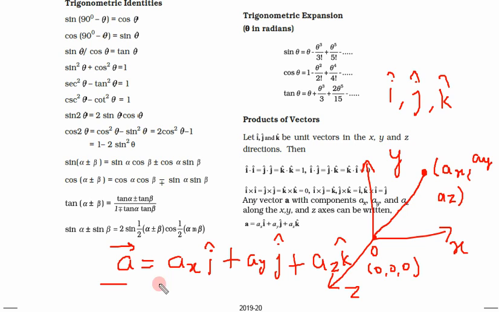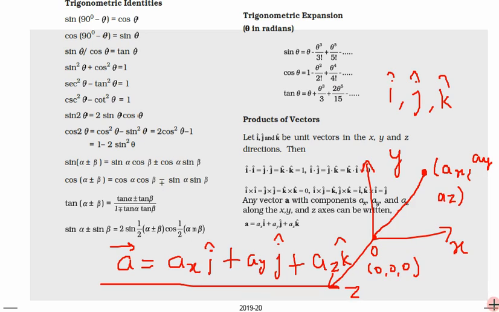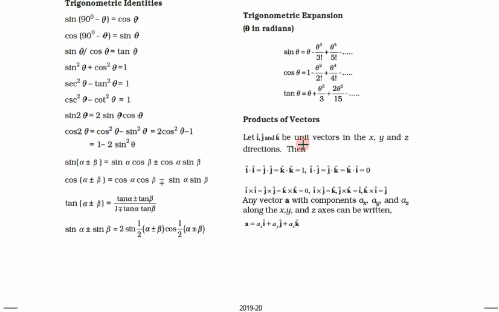So this is how we can write a vector with the help of unit vectors. If there is a minus, that means we have traveled in the minus direction. So i, j, k are unit vectors, and any vector can be shown as axi plus ayj plus azk.